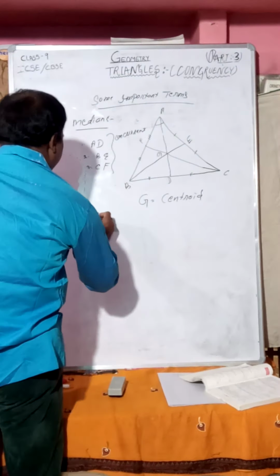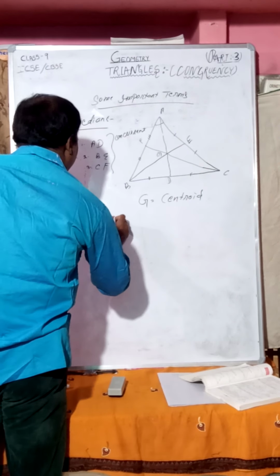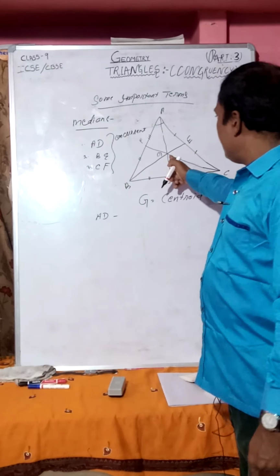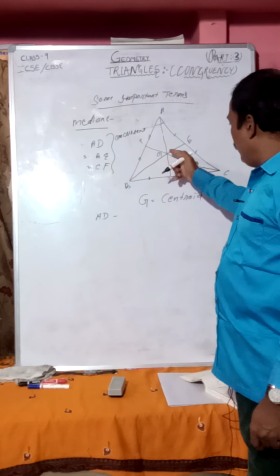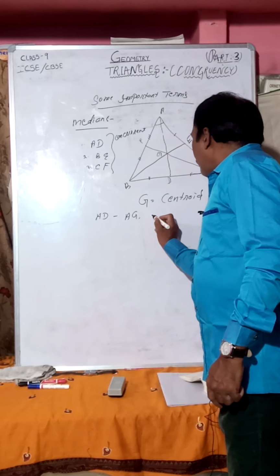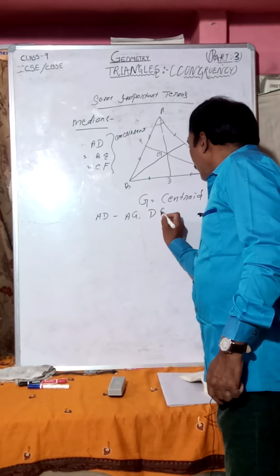Now look, if AD is a median, it is divided at G into 2 parts: one part AG, another part DG.